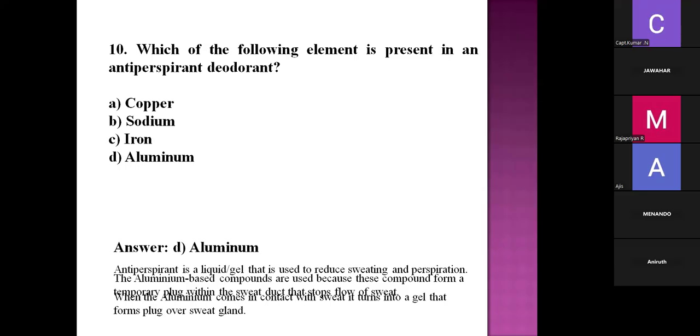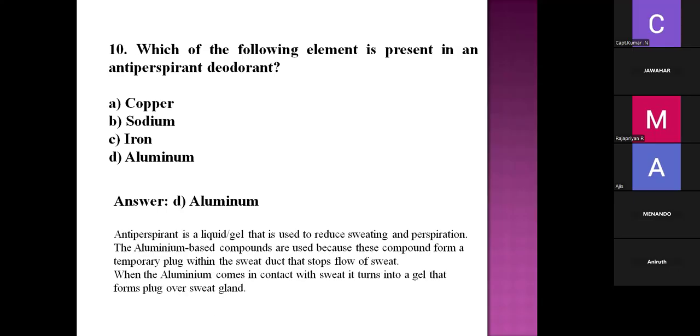Sweat is still produced in our body, but it won't be released in the areas where antiperspirant has been applied. When an antiperspirant is applied, the salt dissolves in the sweat or moisture in the underarm. Answer is D. Aluminum is the correct answer.